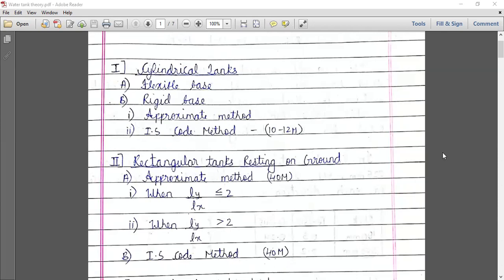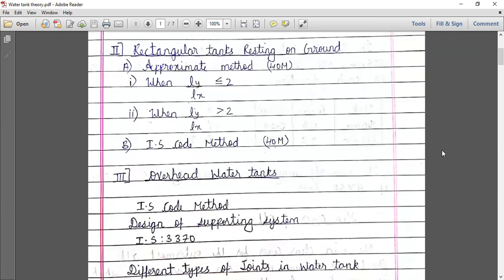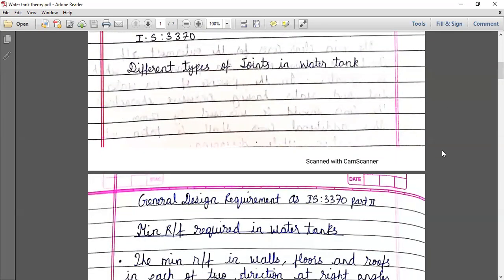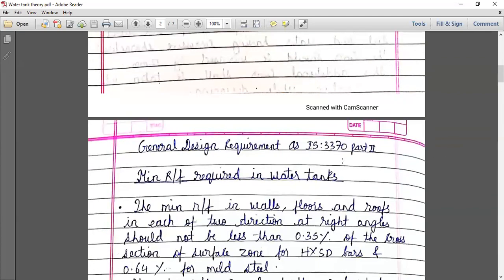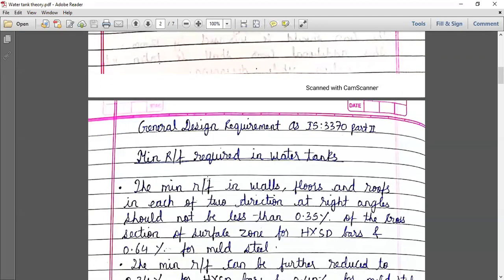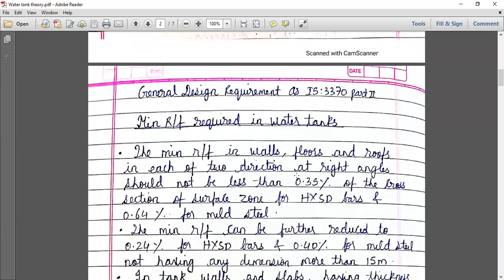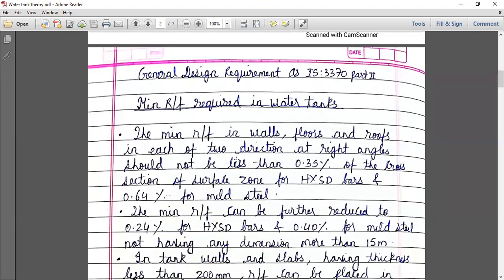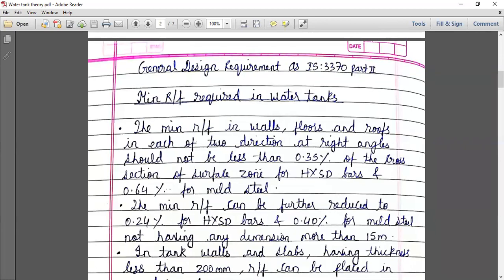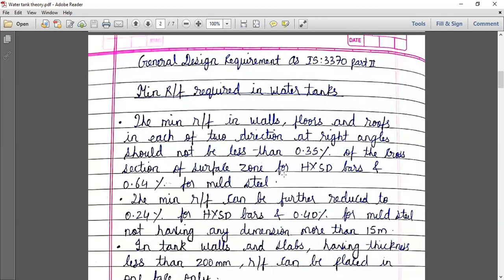Now let us see the general design requirements as per IS 3370 part 2. The minimum reinforcement required in water tanks, which we have just seen in the IS code: the minimum reinforcement in walls, floors and roofs in each of the two directions at right angles should not be less than 0.35% of the cross section of the surface zone for HYSD bars and 0.64% for mild steel.